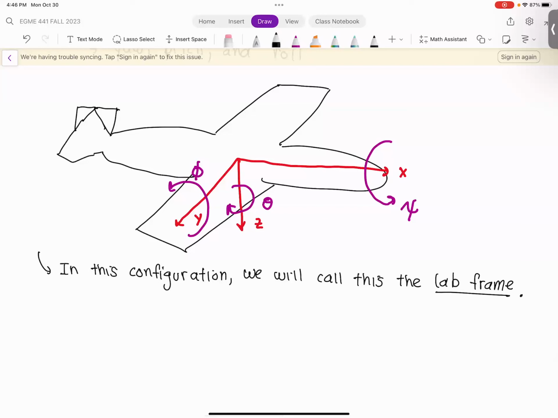That's referencing the fact that whenever you're doing any kind of experiments, either motion capture or biological experiments, we always assume that whatever lab we're physically standing in, taking the measurements in, that's our fixed stationary frame that we measure everything relative to.